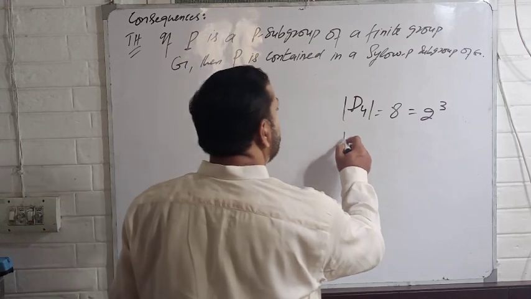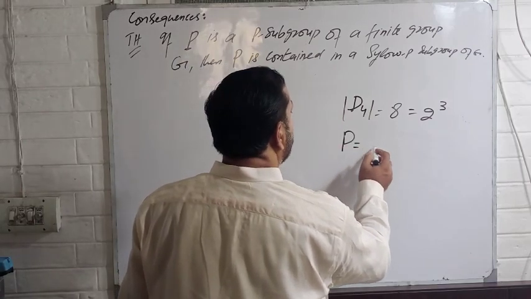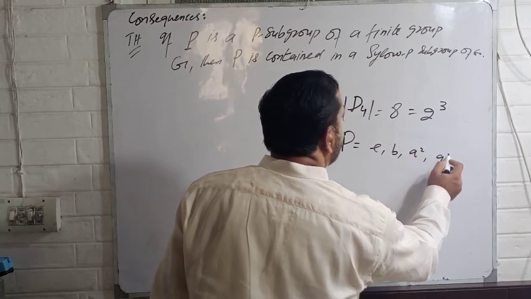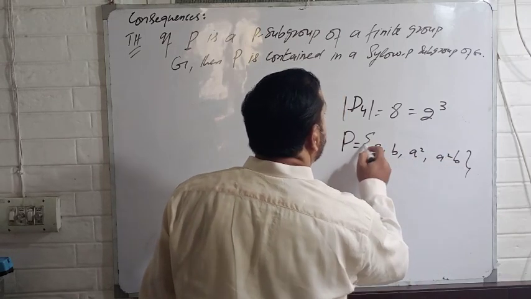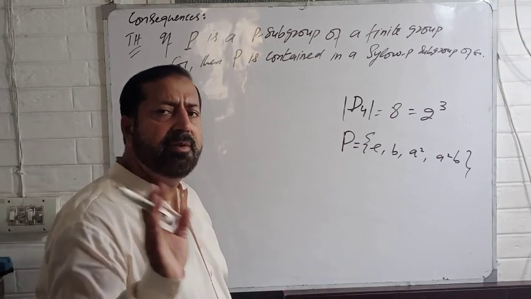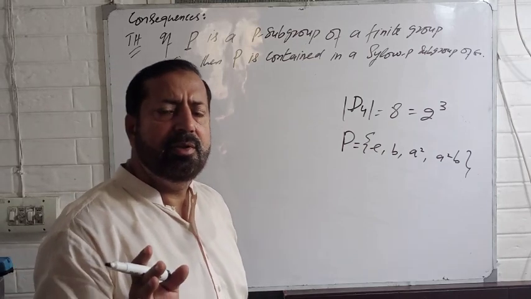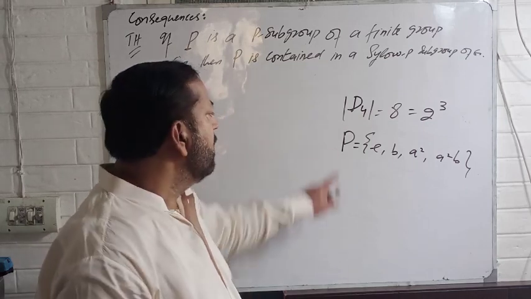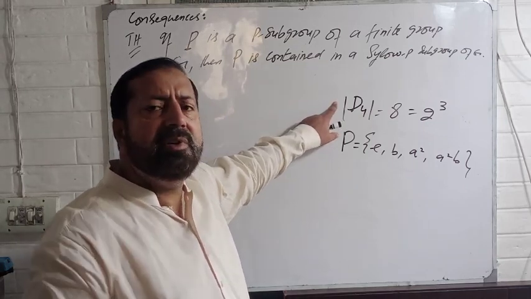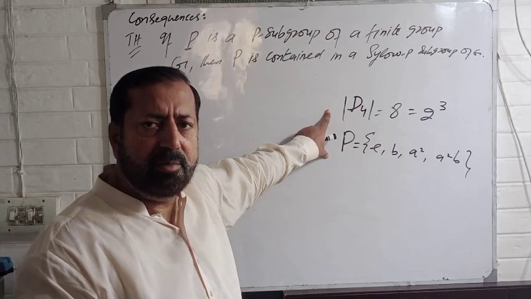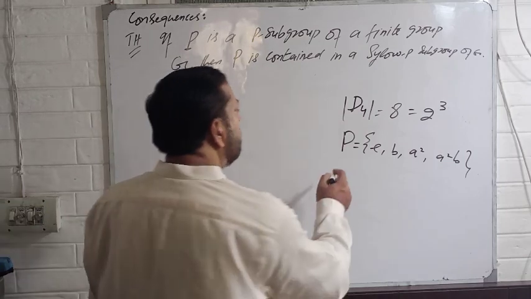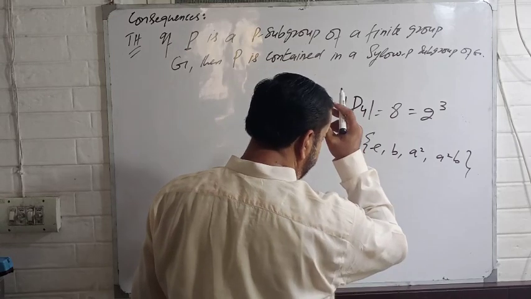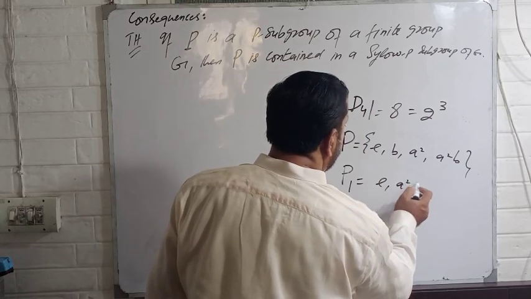We know that you have P here, {e, b, a square, a square b}. Then the order of P is 4, that is 2 square. It's a 2-subgroup, a p-subgroup. And it's contained in D4 because D4 itself is a Sylow-p subgroup, right? Similarly, you could have P1 as well, {e, a square}.